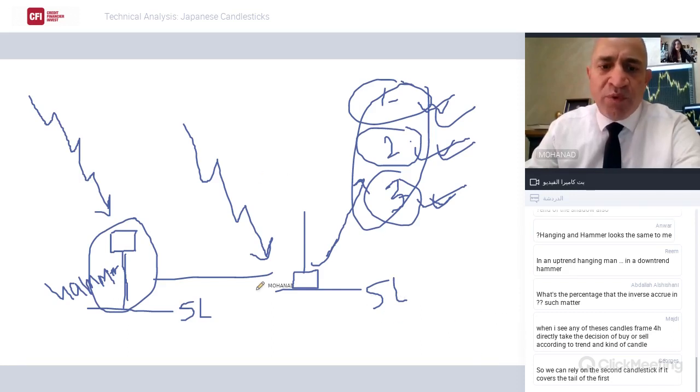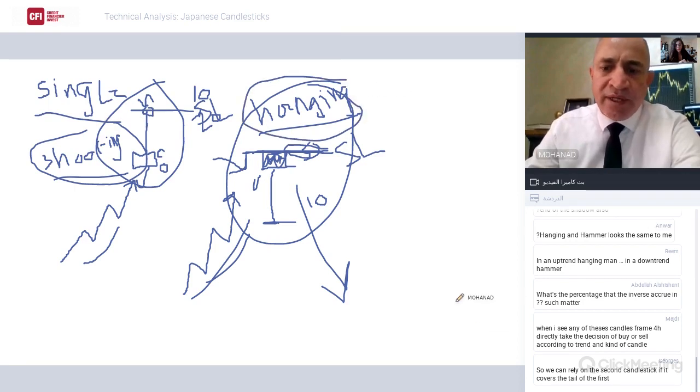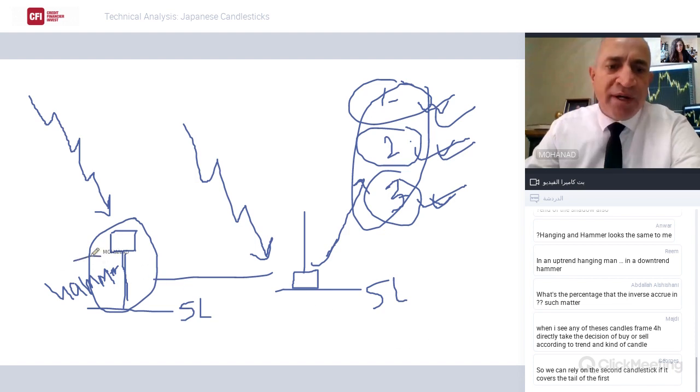Perfect. So thank you, Muhannad, for this. As a conclusion, we have the shooting star, the hanging man, the hammer and the inverted hammer.